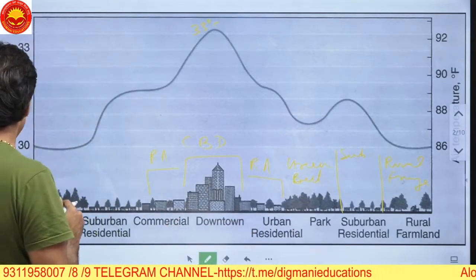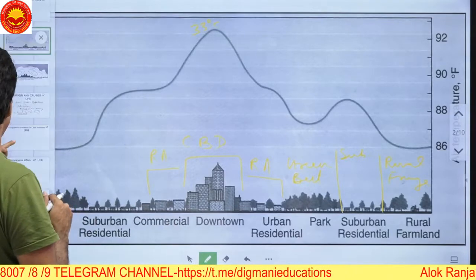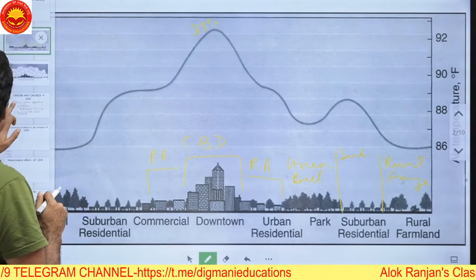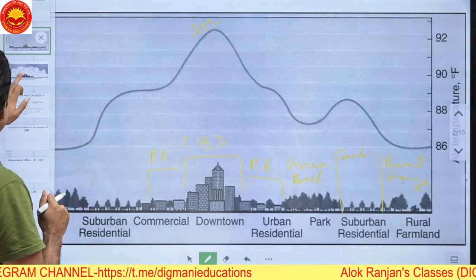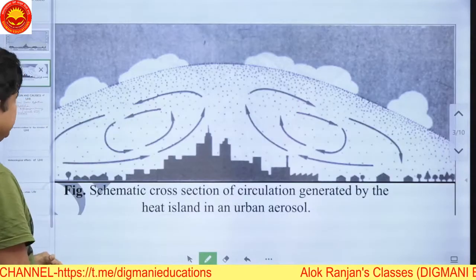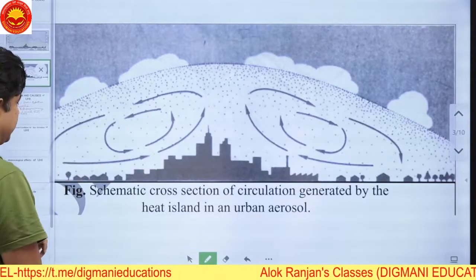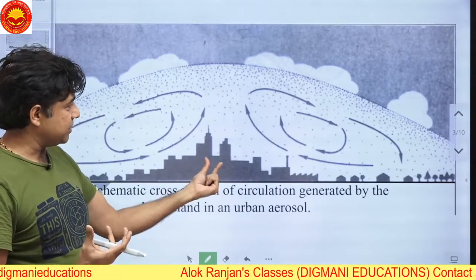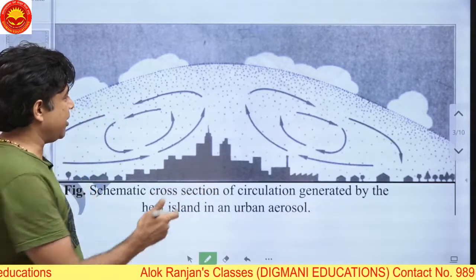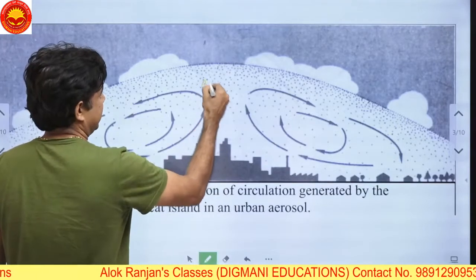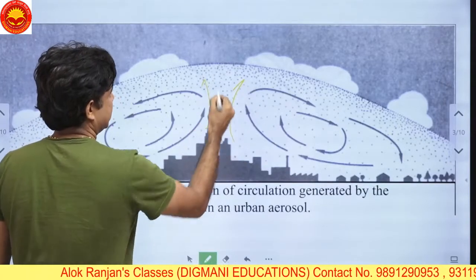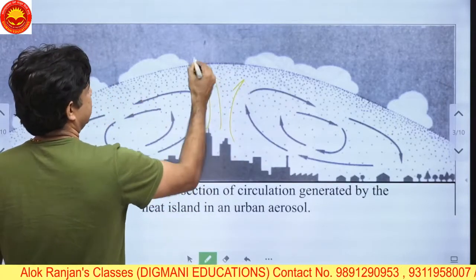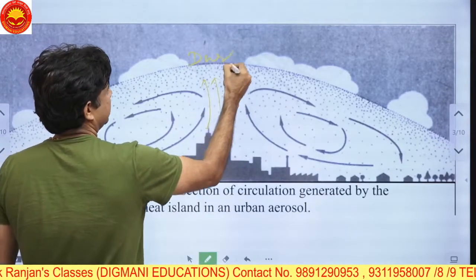Now coming to my other discussion point, this is about the circulation. Now again the same central urban structure, the CBD area, and look how the air is having convection, and this is your dust dome.